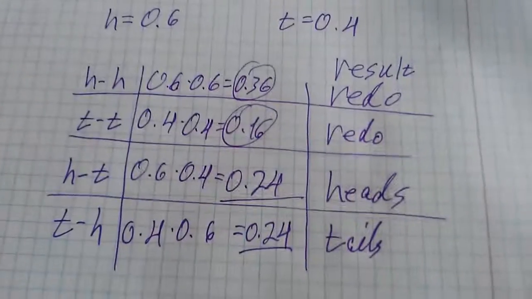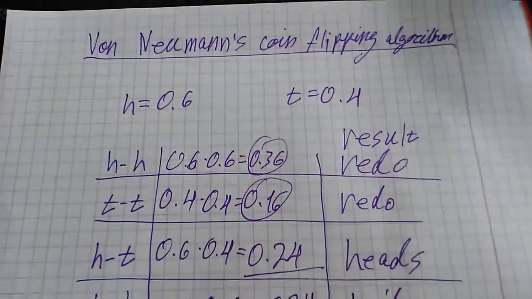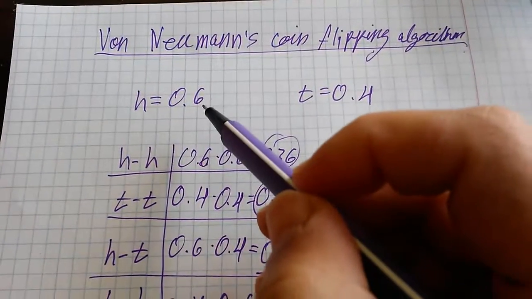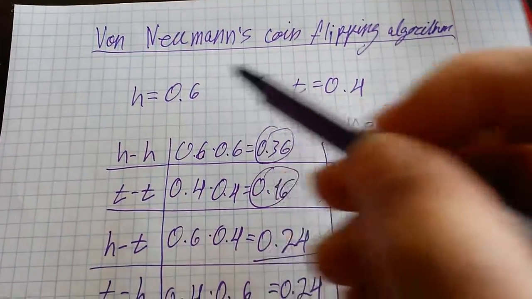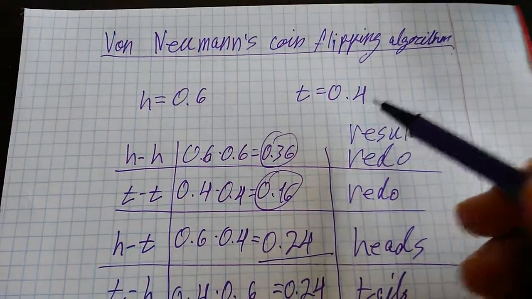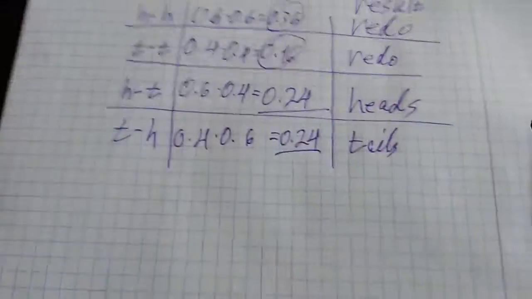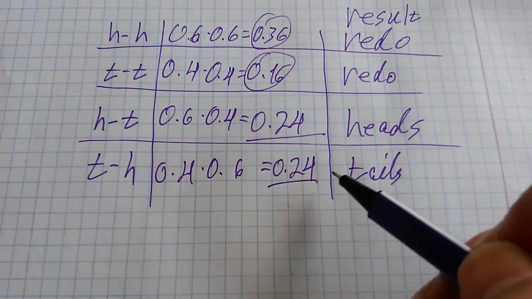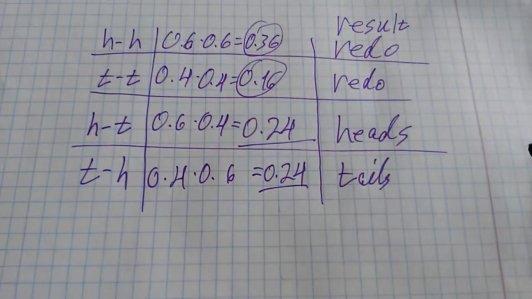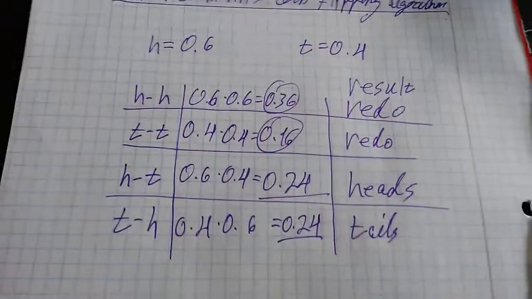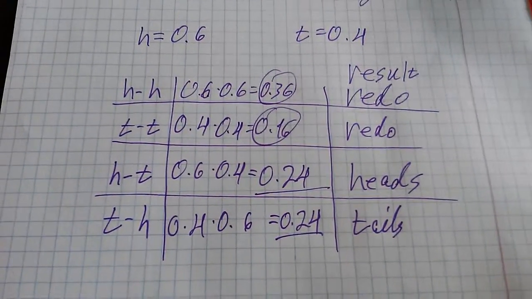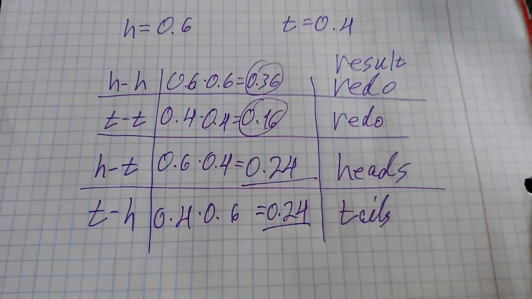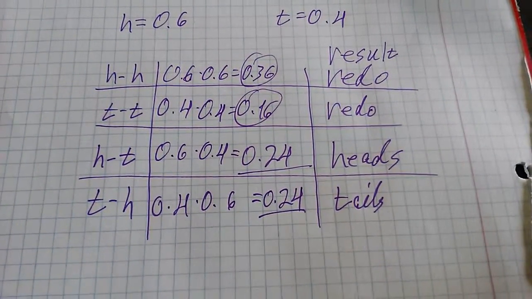And what we have right now is a game that we're playing using a biased coin that produces heads 0.6 and tails with a probability of 0.4, and it produces two results that have the same probability no matter how biased the coin is. It could be a simple 0.51 probability of heads, or it could be a 0.2.